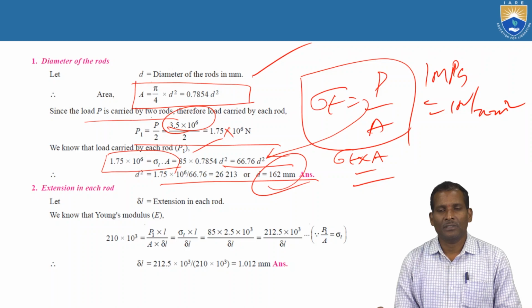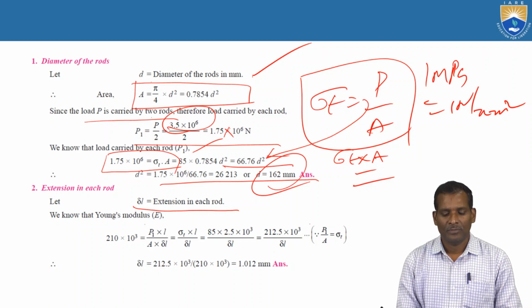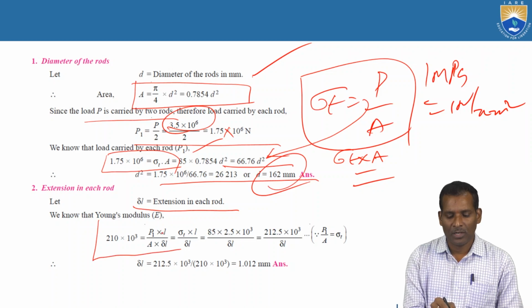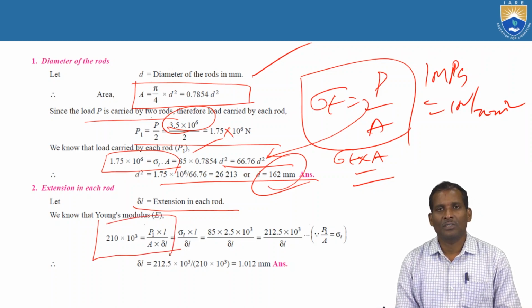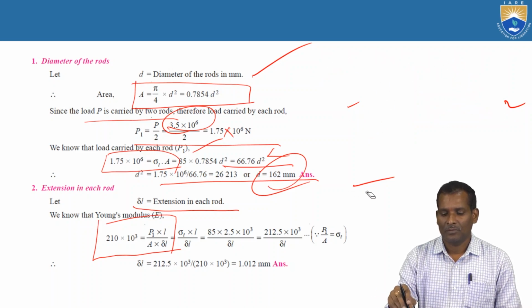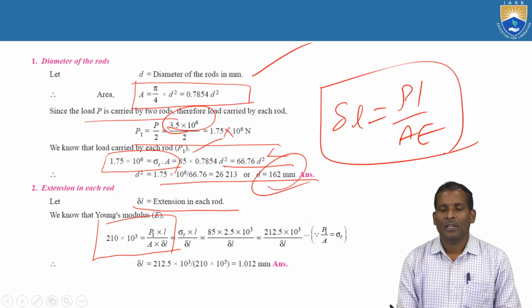Similarly, the second step is the extension in each rod. How much is it elongated? The extension in each rod is delta L. Take Young's modulus formula: E is equal to PL by A delta L. It means delta L is equal to PL by AE, the elongation.